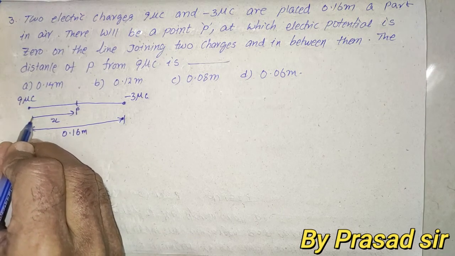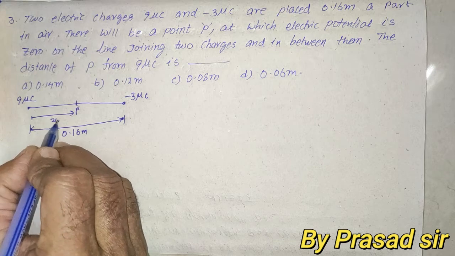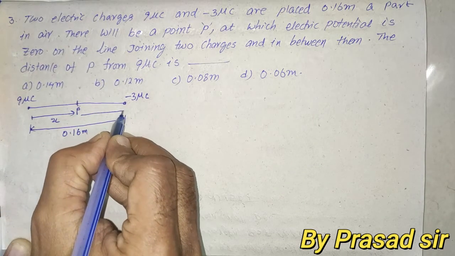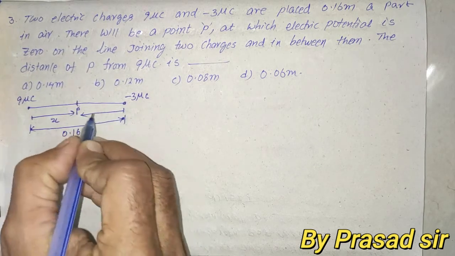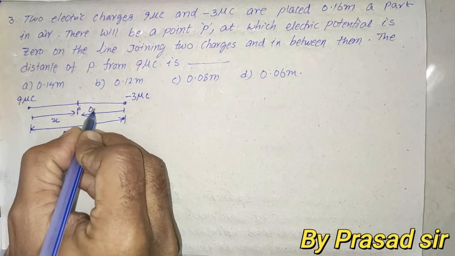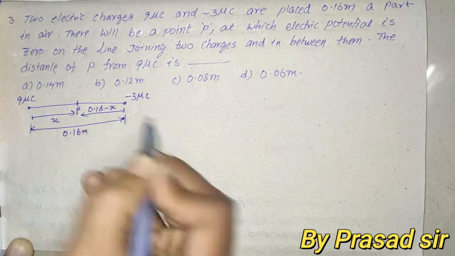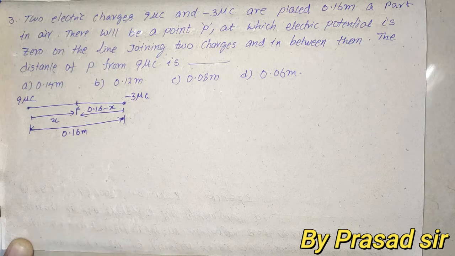So let the distance from 9 microcoulombs to point P be x, and from point P to minus 3 microcoulombs is 0.16 minus x. So those are the two distances.